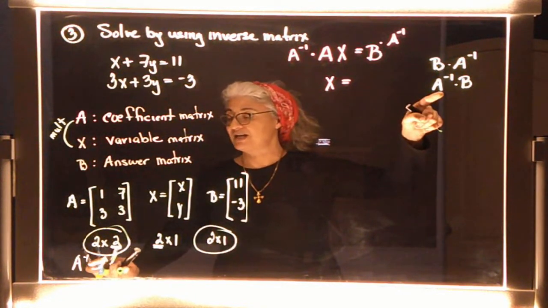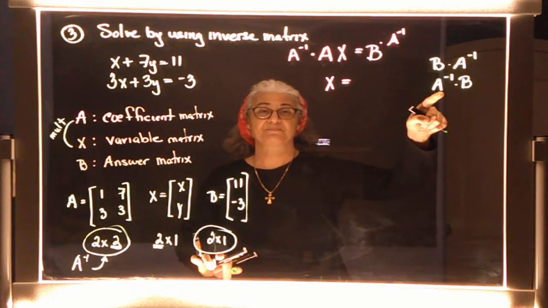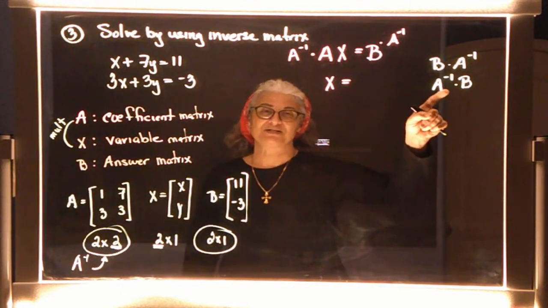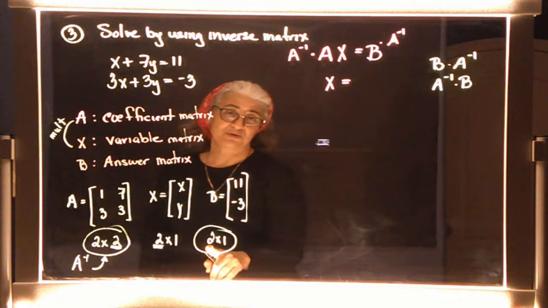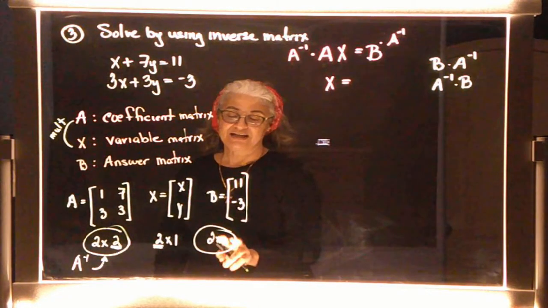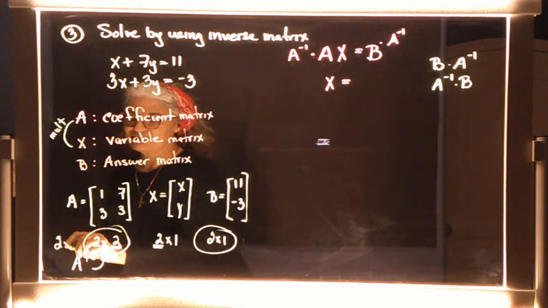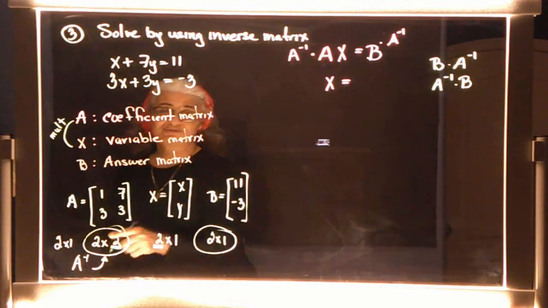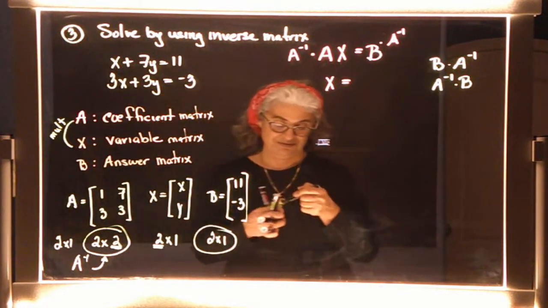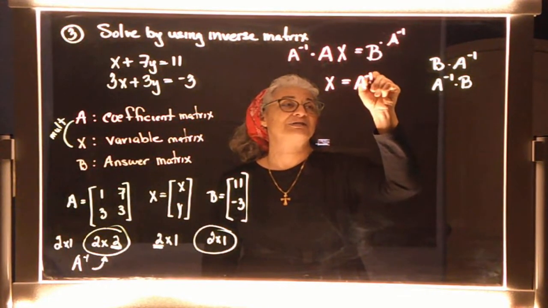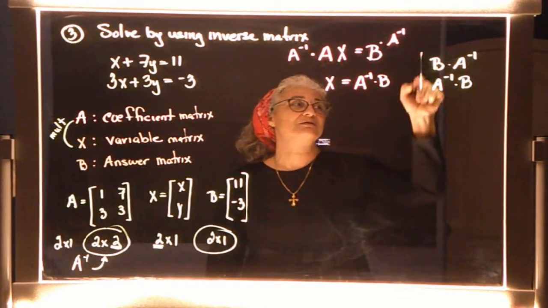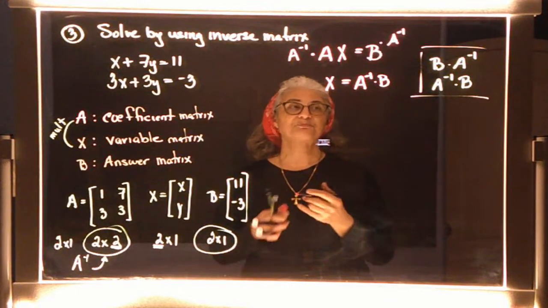Or do I do the A inverse times the B? Yeah, it's this one, because I'll have a 2 by 2 times a 2 by 1, won't I? If I flip it around, you can't do a 2 by 1 times a 2 by 2. It doesn't work. Which is why on this side it is actually written A inverse times B. Cool? Okay.